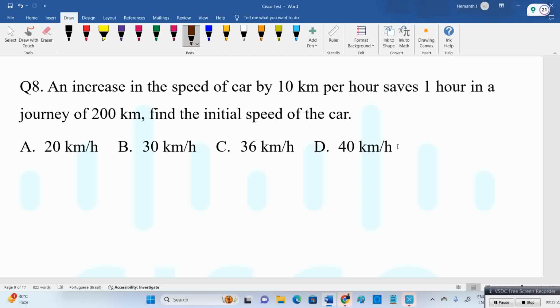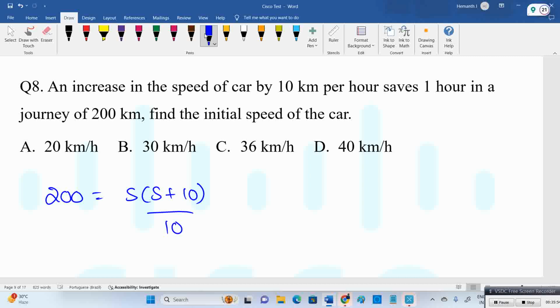The formula we discussed is applicable only when distance is constant. Distance is the product of the speeds divided by the difference between speeds into time gain. Here time gain is how much? When speed is increased, time will decrease. How much time decreases is the time gain. Distance is 200. Product of the speeds is S into S plus 10. Difference between speeds is 10.